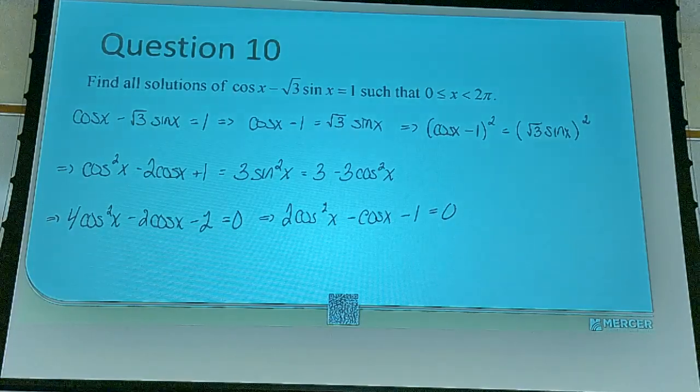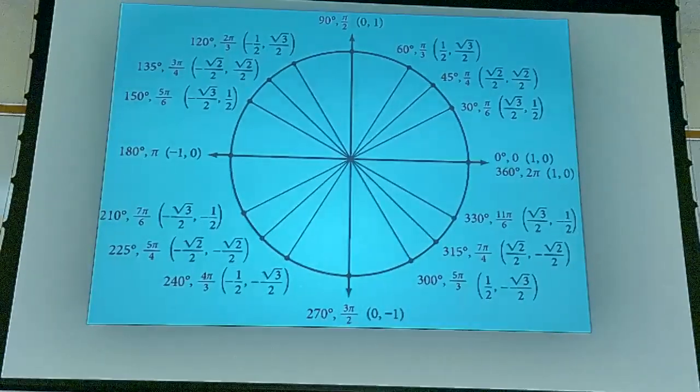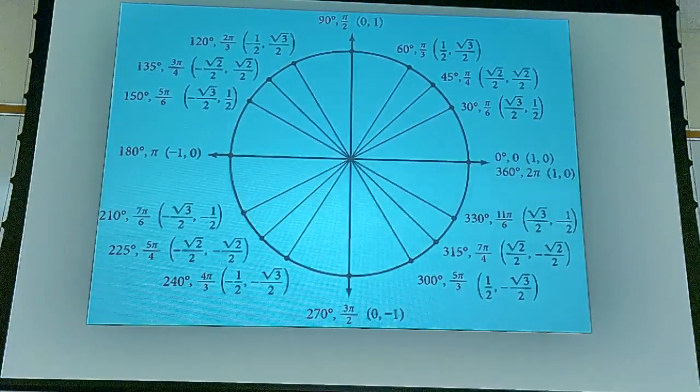Well, we know what cosine of 4 pi over 3 is. Negative 1/2. What is sine of 4 pi over 3? Sine would be the negative root 3 over 2.